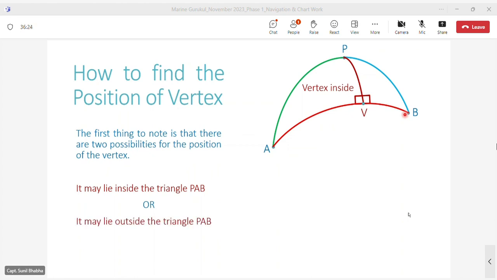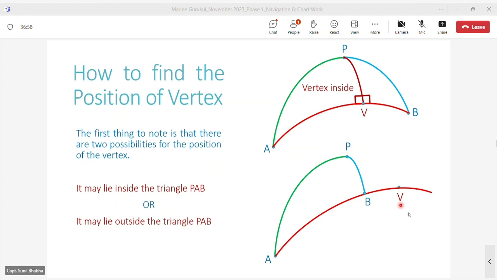The vertex may lie outside the triangle PAB. Let me show you in the diagram. Let's assume this is the pole. A is my initial position, B is my final position. Let's make the PAB triangle. You can see the PAB triangle coming up on the screen. Now in this particular case, the highest latitude where the great circle track reaches, or the position of the vertex, is outside the triangle PAB.